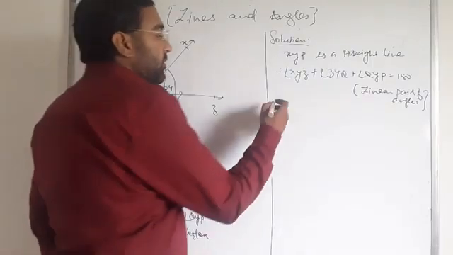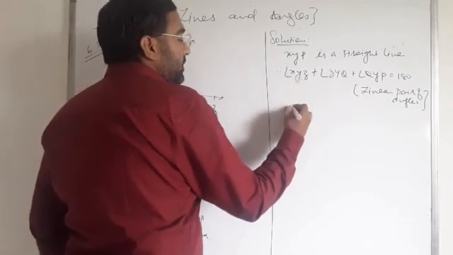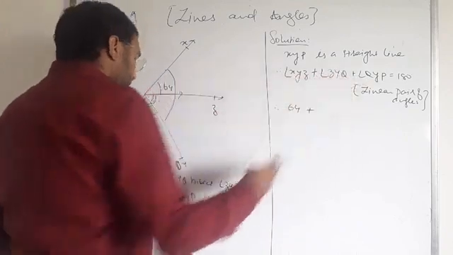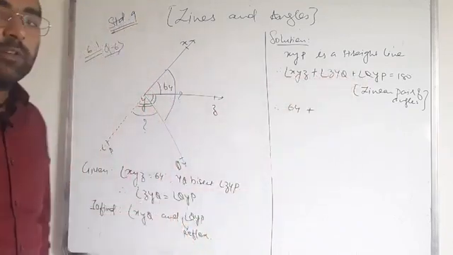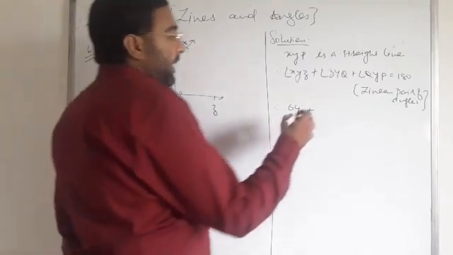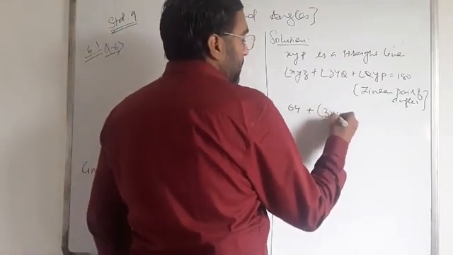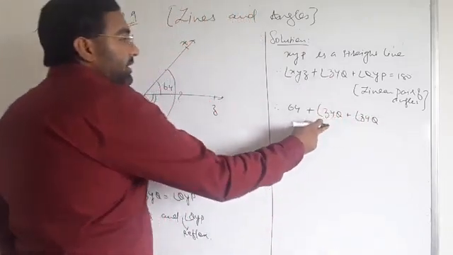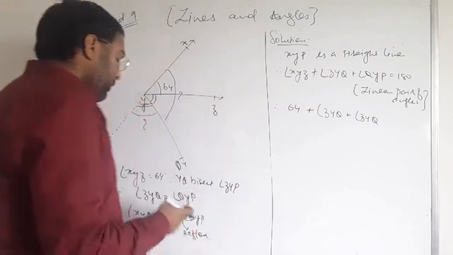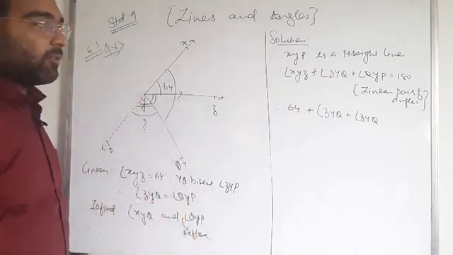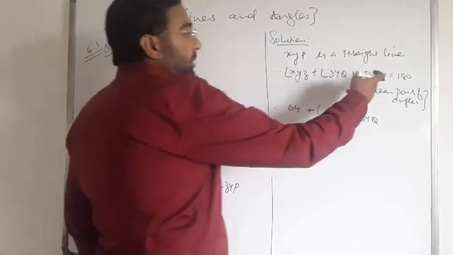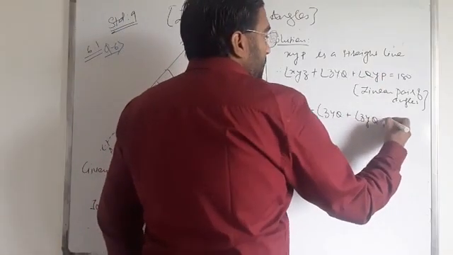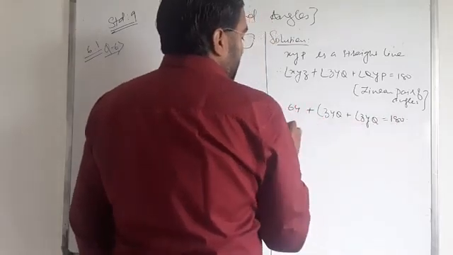Also XYP is a straight line. In that, XYZ is equal to 64 degrees, and ZYQ and QYP are also given, both of them equal. So I'll write ZYQ plus ZYQ, at the place of QYP, because both of them are equal, equal to 180 degrees.